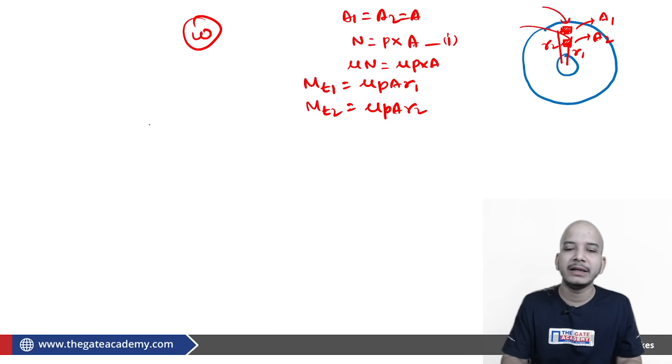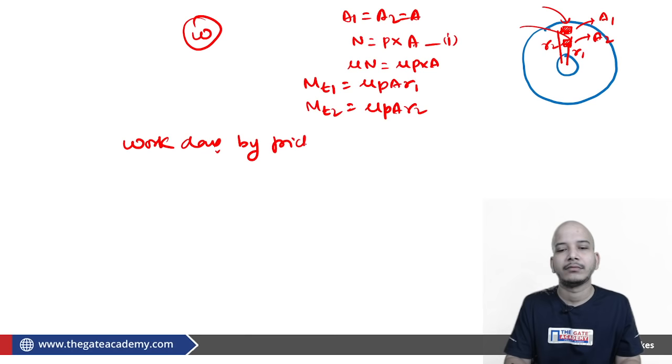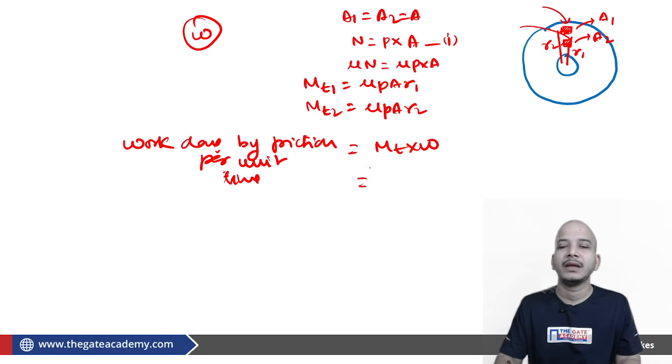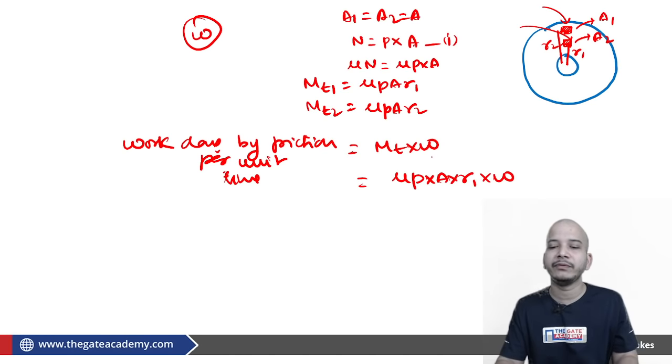So work done by friction per unit time will be equal to MT into omega. This will be mu into P into A into R1 into omega. Omega for both is going to be same.